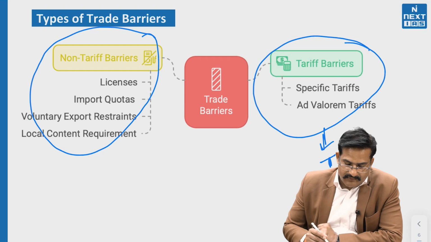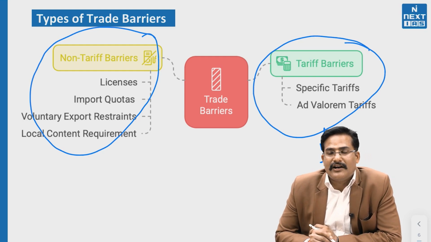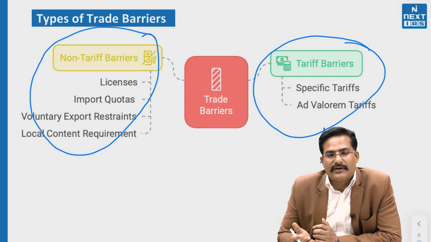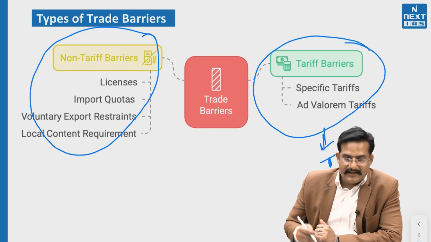Non-tariff barriers are basically barriers such as phytosanitary measures. For example, if Alphonso mango of India is banned in Europe because of the presence of pesticide, it will be known as a non-tariff barrier. Again, I am giving you just a basic concept to understand things better. It can be a license.